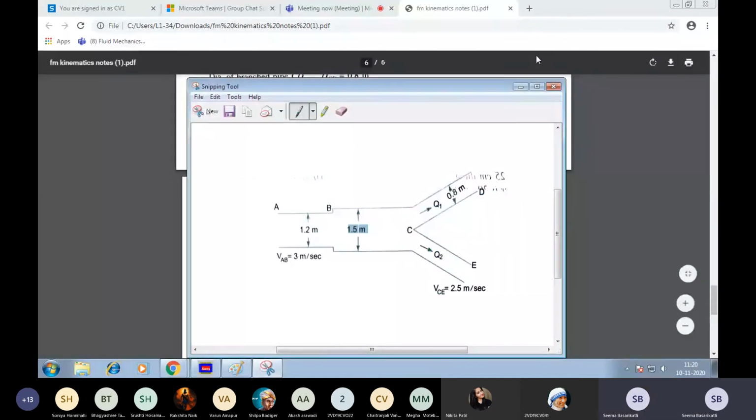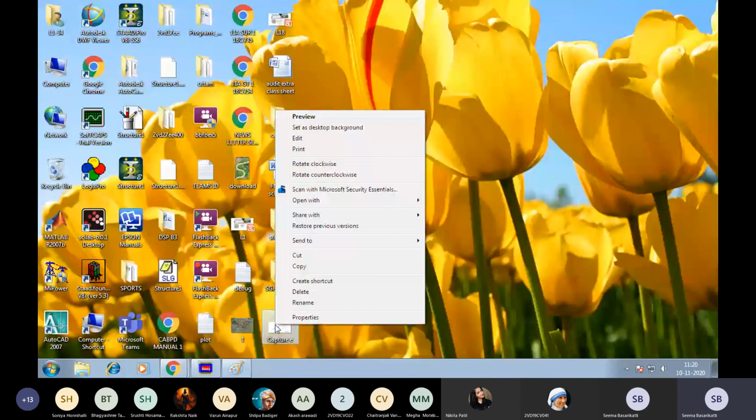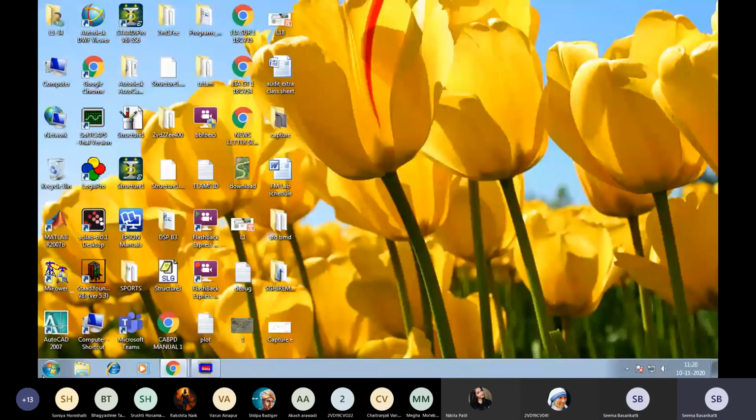Hope you have taken the problem. Can you solve it? Can you solve this problem?